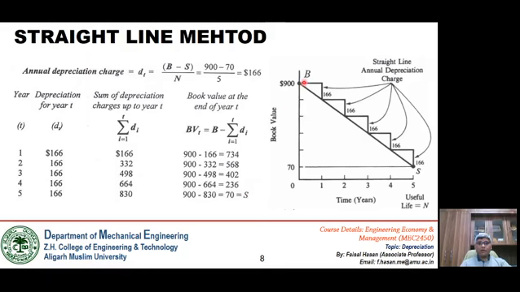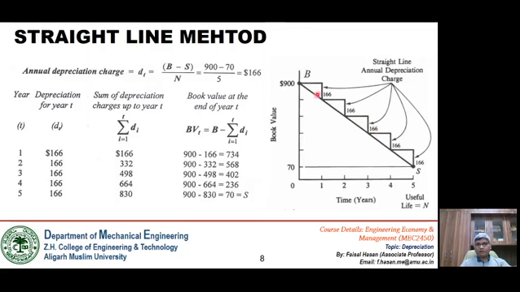The idea behind this is, if we plot the book value with respect to time, we see that the depreciation amount is fixed for each time period, that is 166, 166, and so on. Initially the book value is 900; after the end of year 1 it drops to 900 minus 166, then again it drops to 568 and so on.